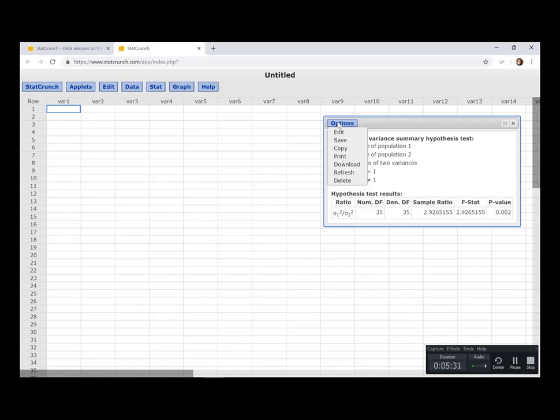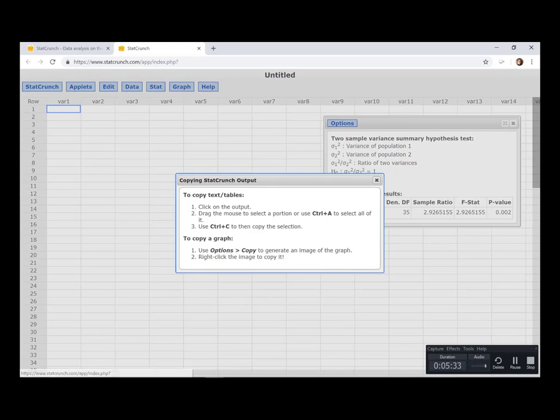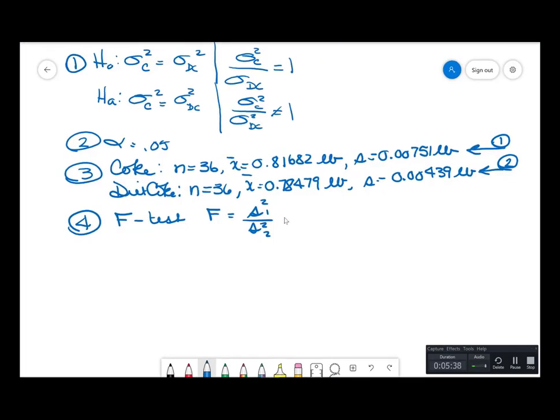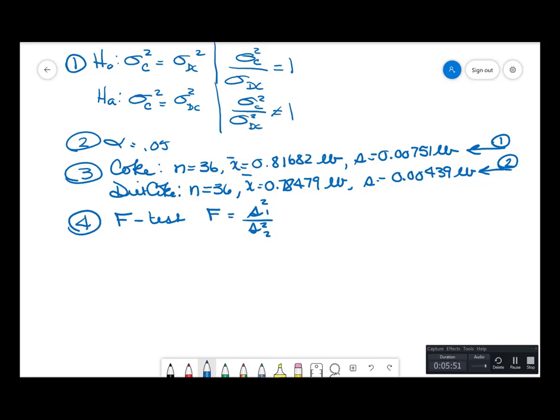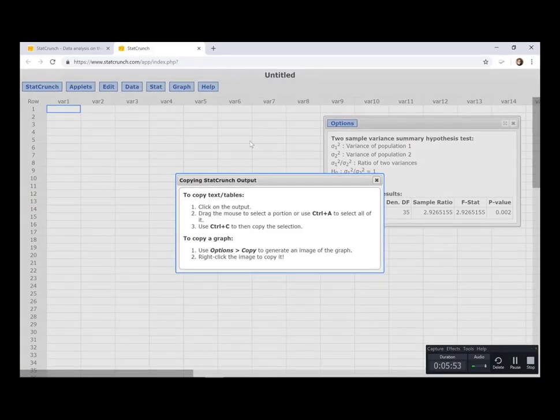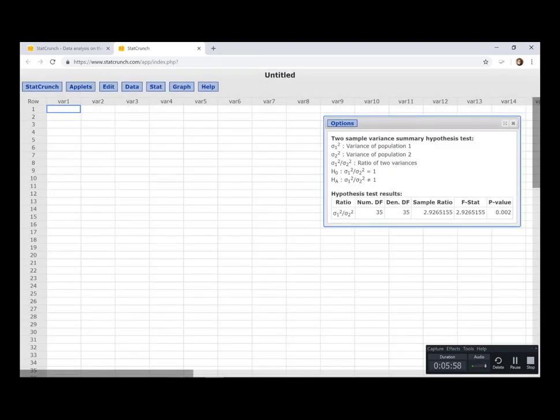Let's see if I can copy this. And I'm going to take this back to my whiteboard. And let's see if I can paste it in there. No, so let's undo that. So let's go back to StatCrunch. Oh, an easier way to do it than all that is I have my snipping tool on my toolbar, and I'm going to use that.